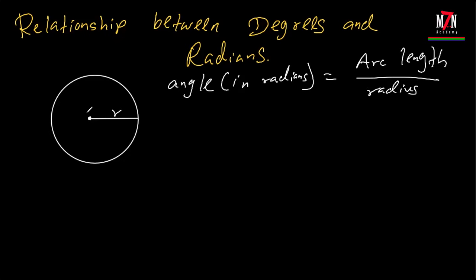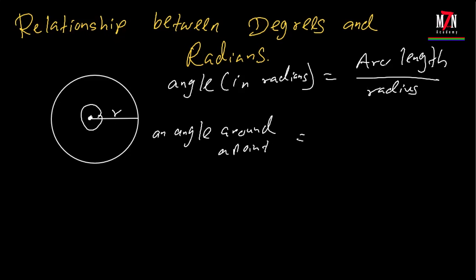When it comes to an angle around a point, we know that is 360 degrees.